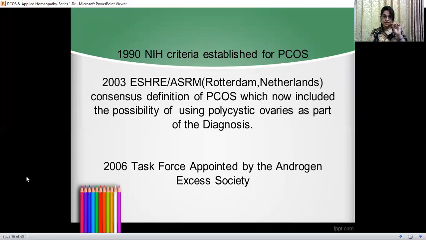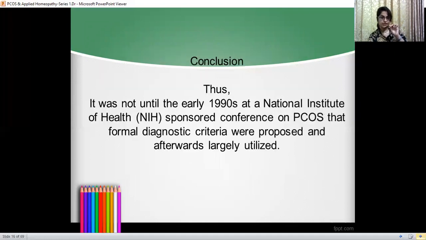In 2003, the Rotterdam, Netherlands consensus definition of PCOS now included the possibility of using polycystic ovaries as part of the diagnosis. In 2006, a task force was appointed by the Androgen Excess Society. The conclusion was thus, it was not until the early 1990s at a National Institutes of Health sponsored conference on PCOS that formal diagnostic criteria were proposed and afterwards largely utilized.